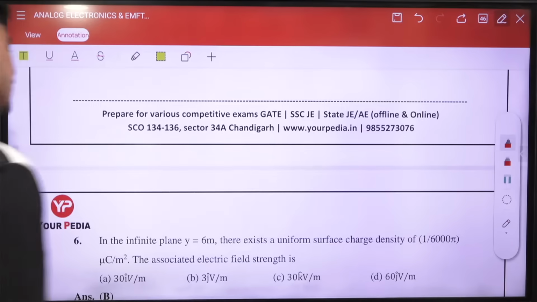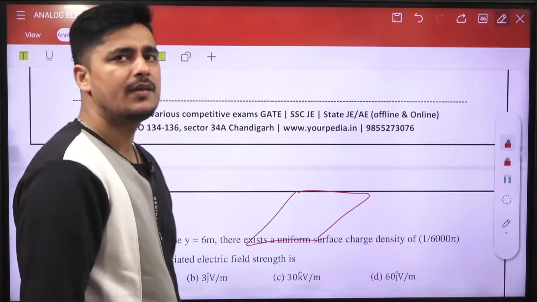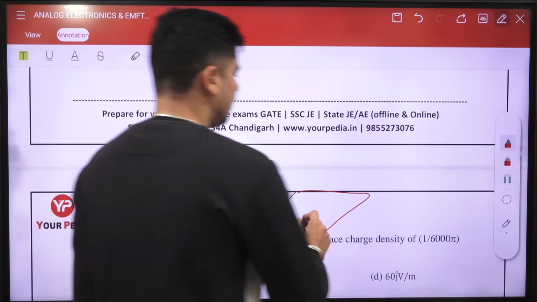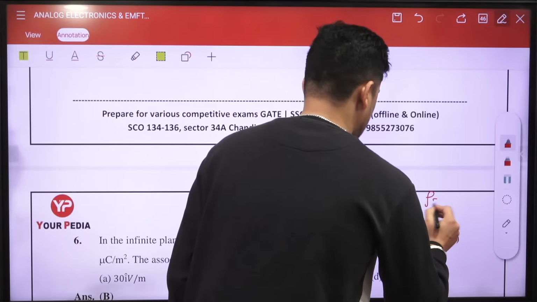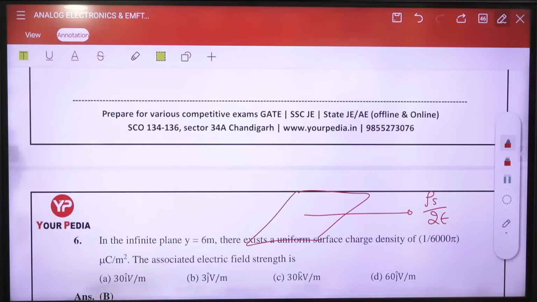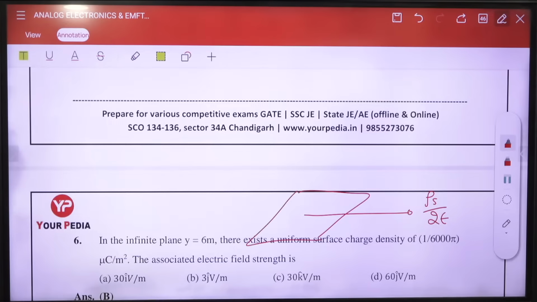Whenever you have an infinite surface charge density like this, the electric field is uniform, that is rho s by 2 epsilon, and it is always directed normal to that plane towards that point. This is at y equals 6, and a uniform surface charge density is given to you. He is asking for the electric field, right?